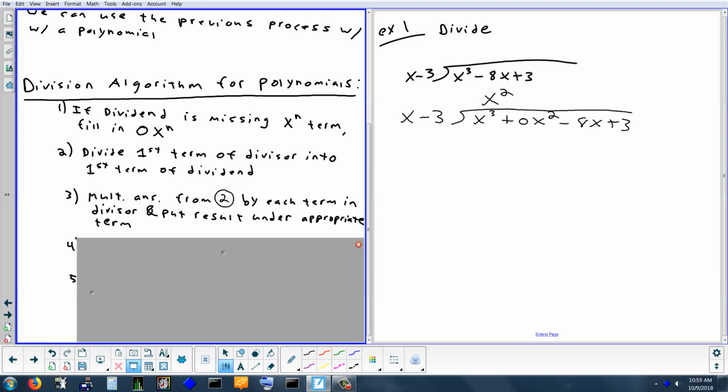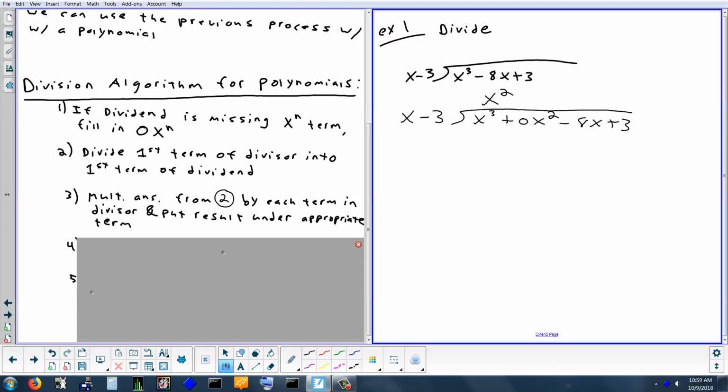And this is where you have to line up the like terms. So make sure when you do that out, put the answer back under the column to make it like terms. Okay, so Tori, if I do x squared times x, what does that give me? X cubed. Yep, so x cubed. And now I'm going to do x squared times negative 3.